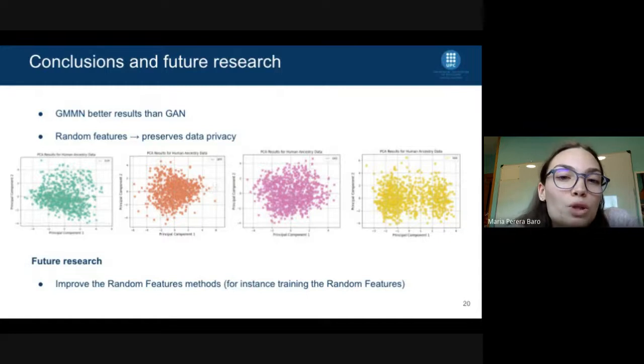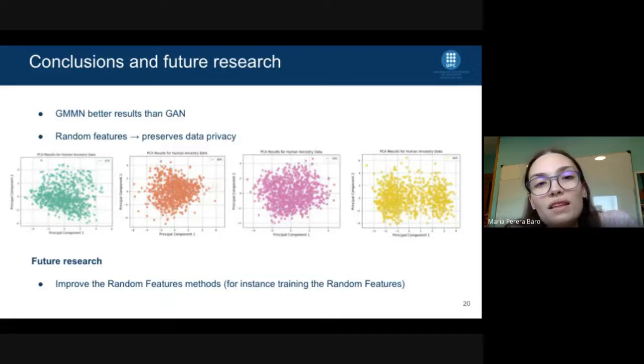Finally, as a conclusion, I would say that the generative moment matching networks are working better than GANs, and that working per ancestry works better than conditionals. Generative moment matching network with and without features work similarly, but features have an important advantage: they preserve data privacy.